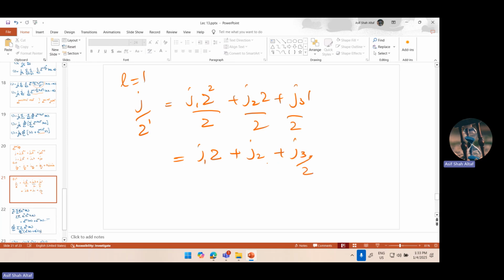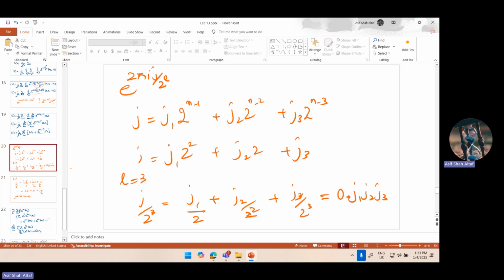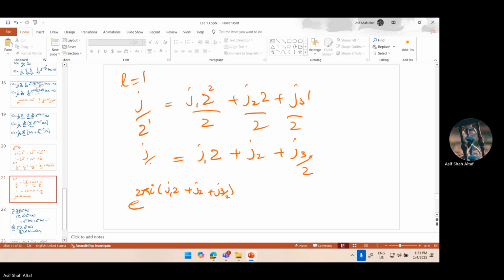Now in this case, how will we write it in the binary fraction representation? If you just put all of this into the exponential to understand it better, you have 2 pi I, and for j you will write j1 2, j2, plus j3 by 2. So this whole thing, j by 2l, you put equal to this for l equal to 1.